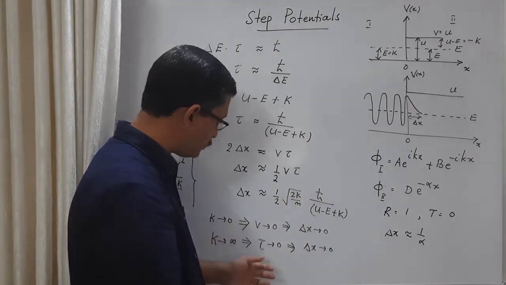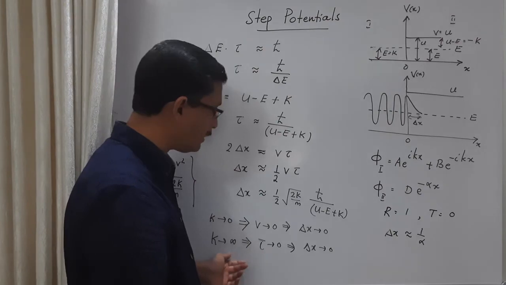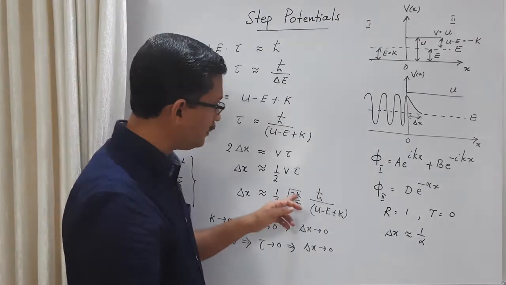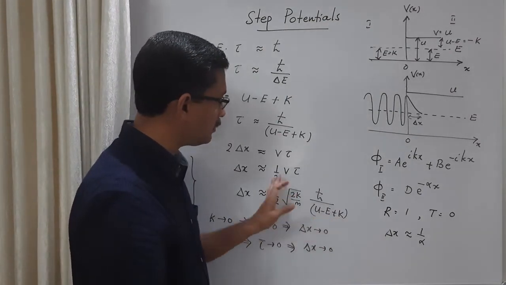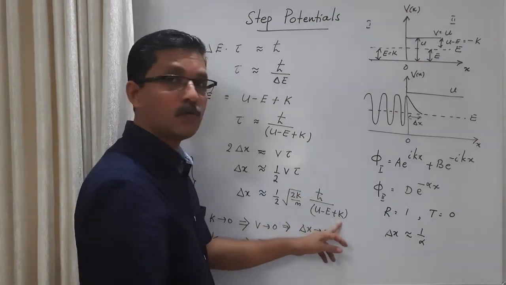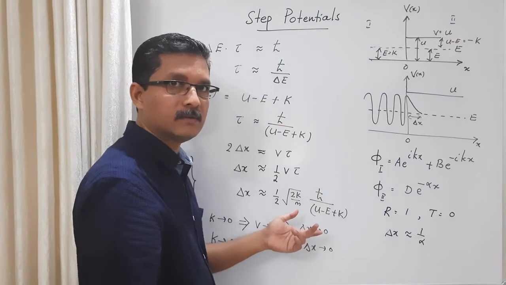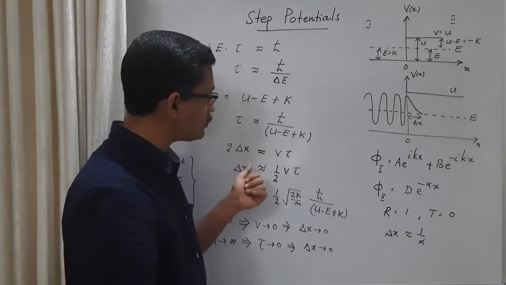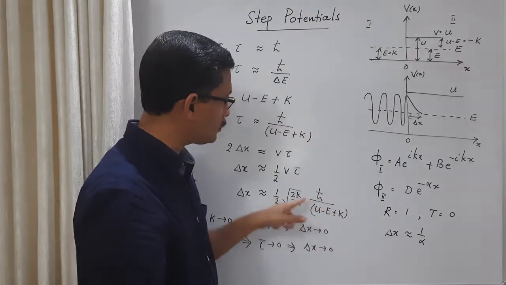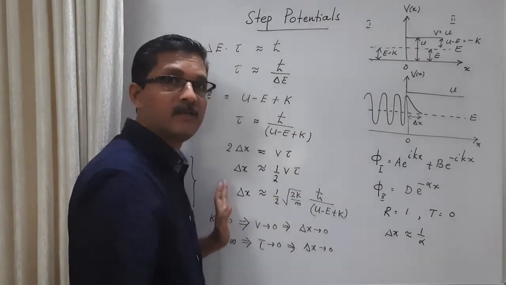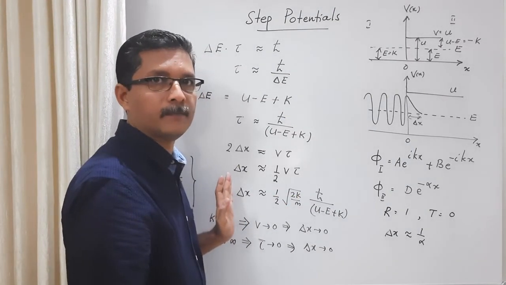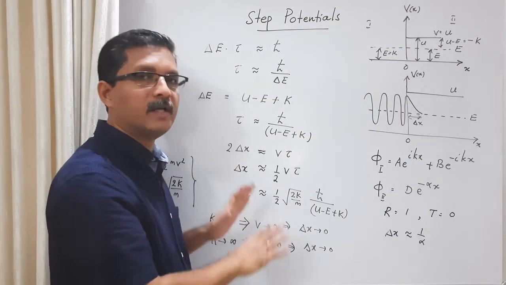So as k tends to infinity, this term increases, this term also increases, but the overall effect is more for this term. So delta x goes to 0 in that case. On the other hand, when k tends to 0, this term clearly goes to 0. In the numerator also it goes to 0. In that case also delta x goes to 0. So in the two extremes, delta x goes to 0.